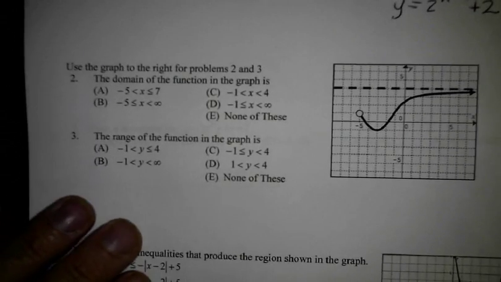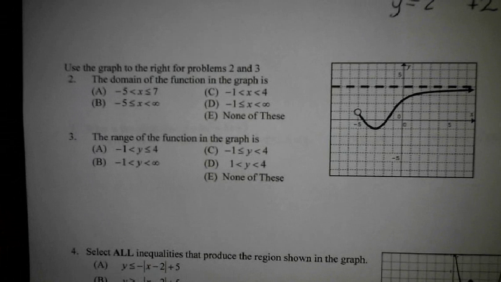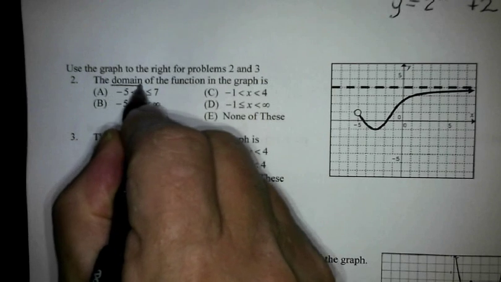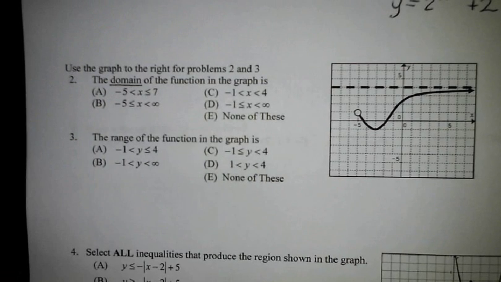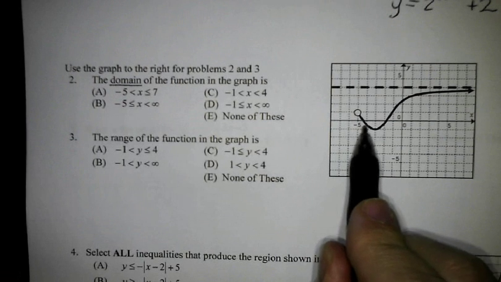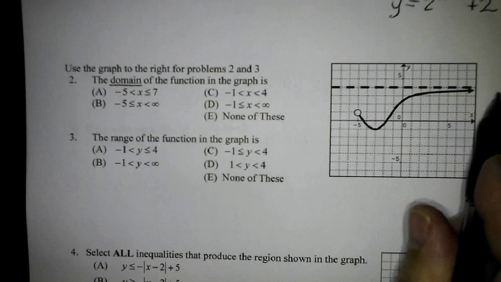Questions 2 and 3 deal with domain and range. So remember, domain is my possible values for x. My range are the possible values for y. So we're going to do domain first. We can see the x values are starting from -5, and then they go on forever.